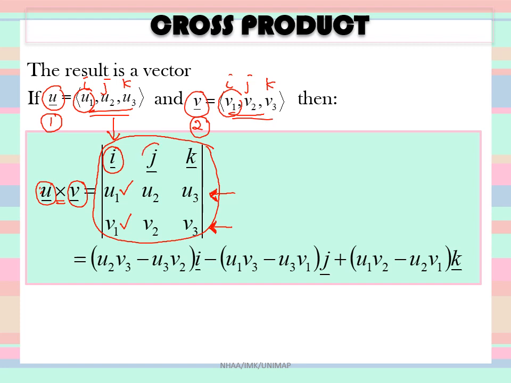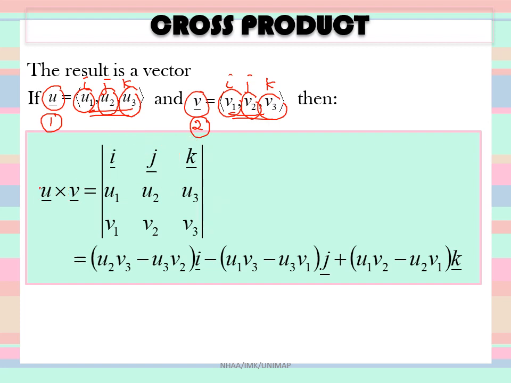Okay, and the second column here is for j component. You have u2 and v2. And the third component is k component, so you have u3 and v3. Okay, understand?